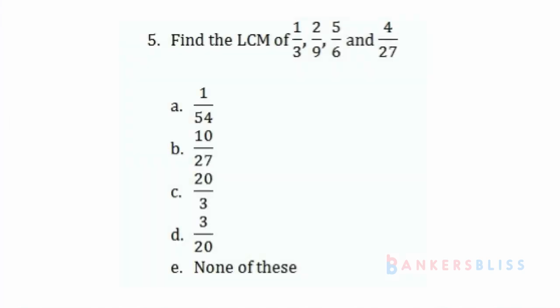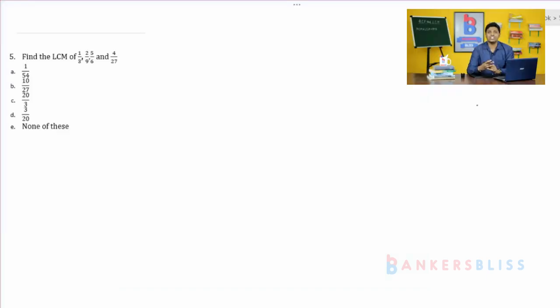Problem number 5. Find the LCM of the given fractions. So that is 1 by 3, 2 by 9, 5 by 6 and 4 by 27. So while doing the introduction itself, I have explained how to calculate the LCM of the given fractions.